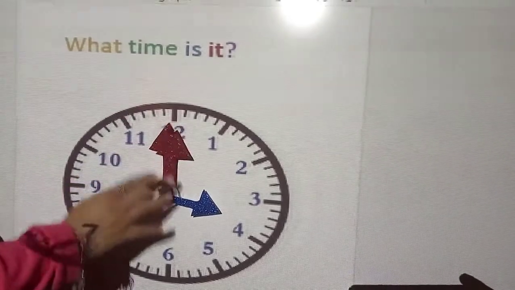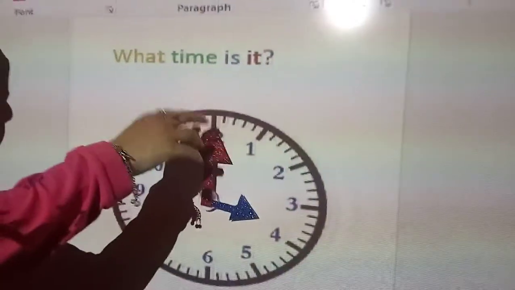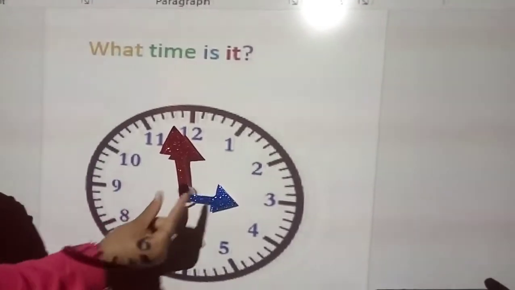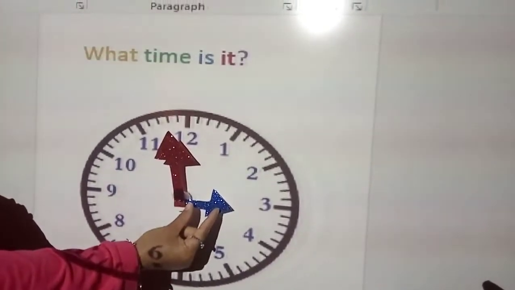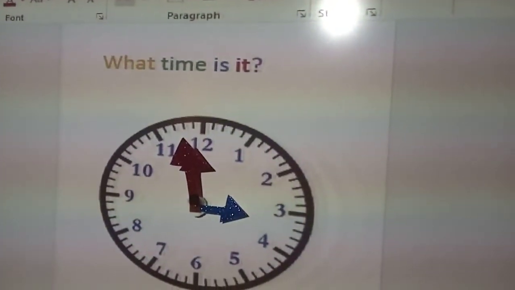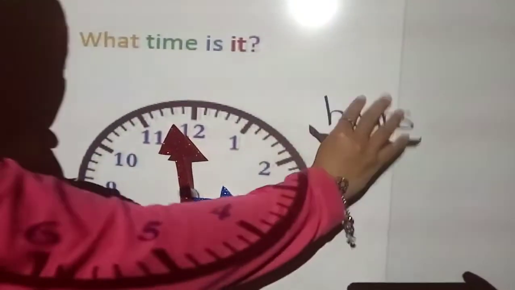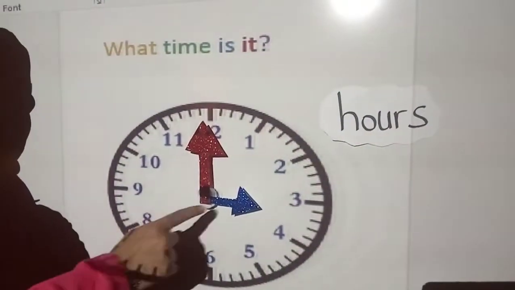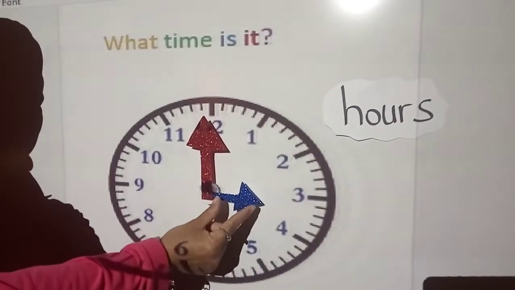They are called hands. We have here the short hand.